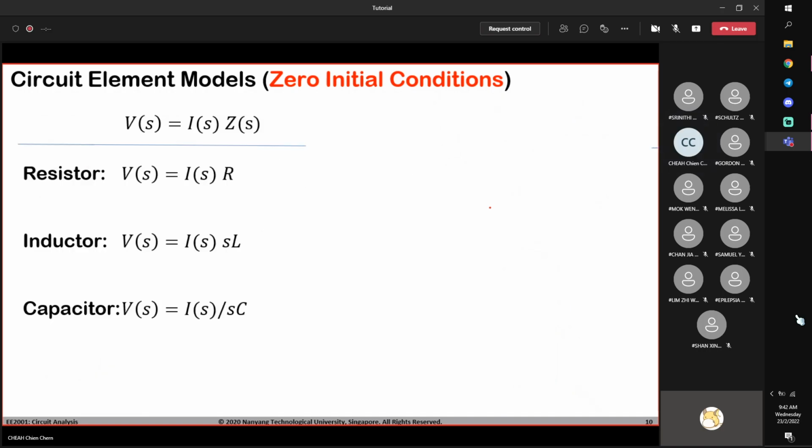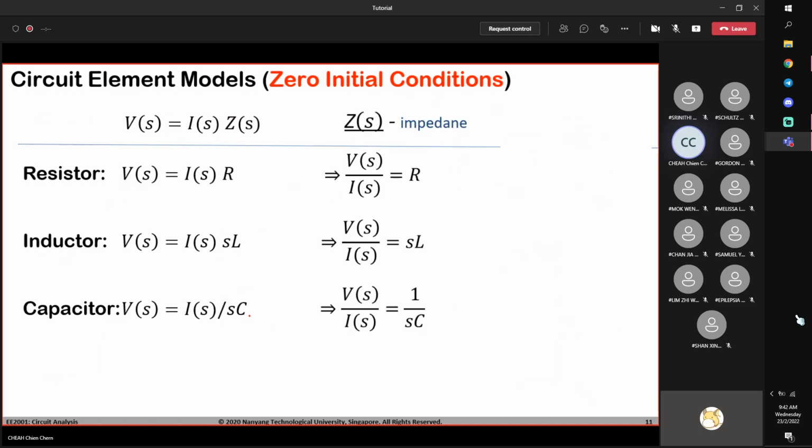So to summarize, for resistors, V is equal to IR; for inductors, V is equal to I sL; for capacitors, V is equal to I times 1 over sC, or I divided by sC. In other words, V over I is R for resistors, sL for inductors, and 1 over sC for capacitors.